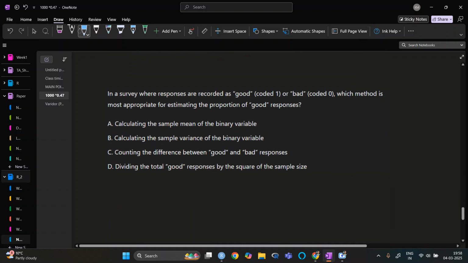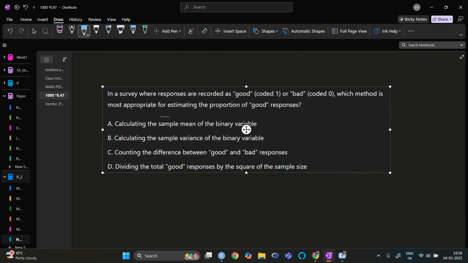In a survey where the responses are recorded as good or bad, which method is most appropriate for estimating the proportion of good responses? Calculating the sample mean, calculating the sample variance, counting the difference between good and bad, or dividing the total good responses by the square of the sample size. These other options are not true. For the responses, if it is good or bad, we record 1 and 0.